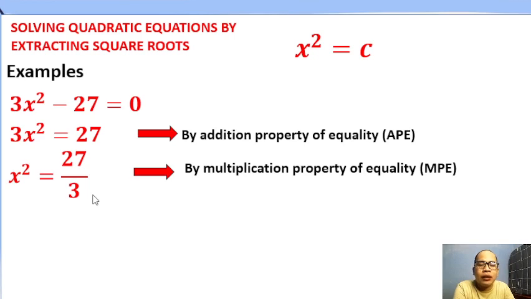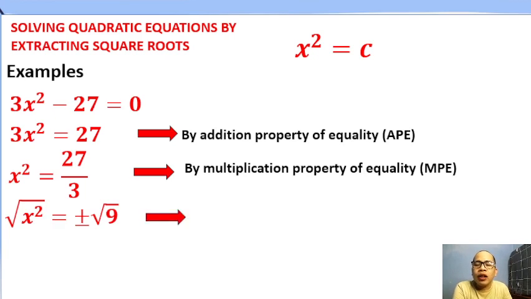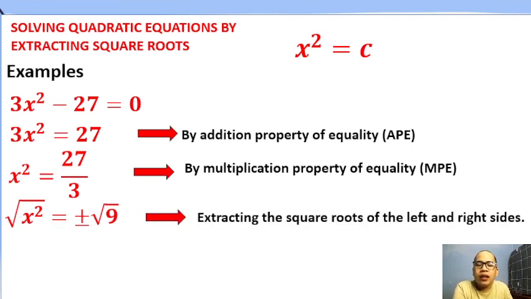That is for using the MPE. We just multiply by 1/3, the reciprocal of your a. Then, we now extract the square root of the left and right sides.